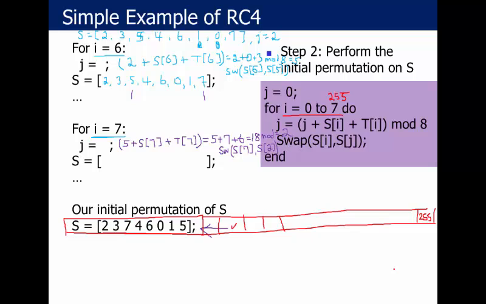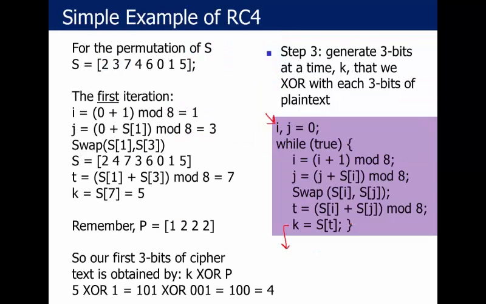So once you have this, then the next step. RC4 consists of 2 algorithms. This is the second algorithm. Step 3. At this step, we finally generate K. Okay, so this is S. We have a while loop.